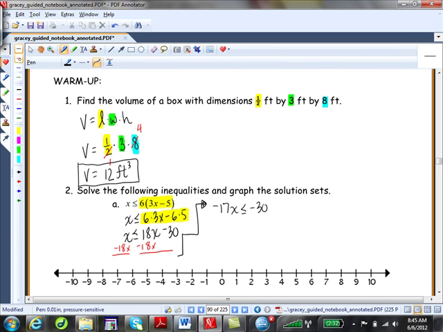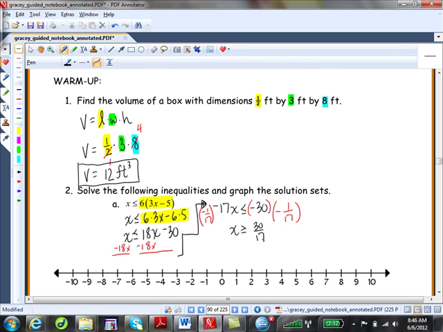Now be careful if you did it in this manner. We're going to be multiplying both sides by negative 1/17 in order to get a coefficient of 1 in front of the x. Remember, in order to do that, we're going to have to flip the inequality. So we end up with x is greater than or equal to 30/17.